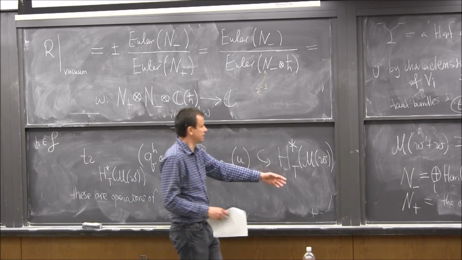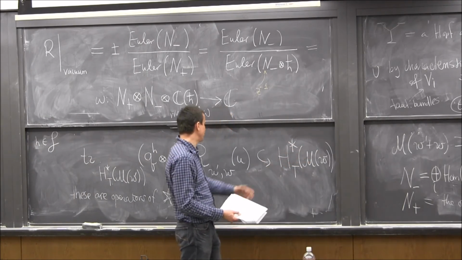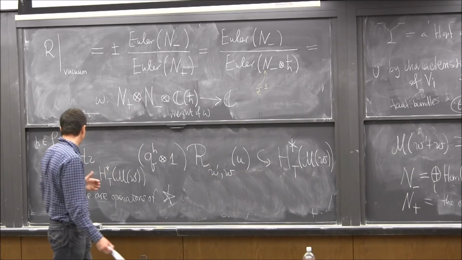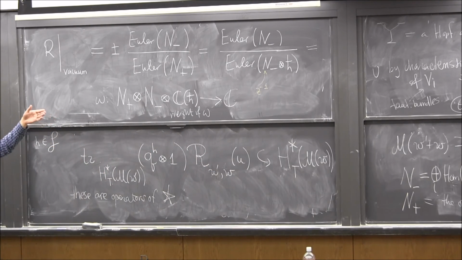This is a ring and there is a quantum product in it, and so you use operators of quantum product. And what we just checked is that this works for Q equals 0.